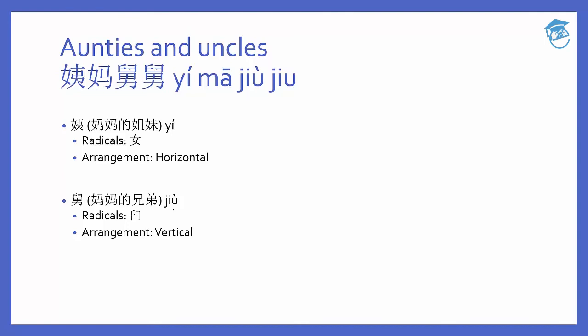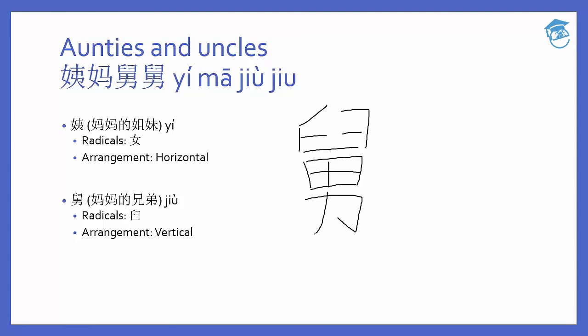This is the pinyin 舅, and the radical is what's on top there. The arrangement is vertical because you have top, middle, and bottom components. Let's look at how to write 舅. 1、2、3、4、5、6、7、8、9、10、11、12、13. 13 strokes for this word, 舅.